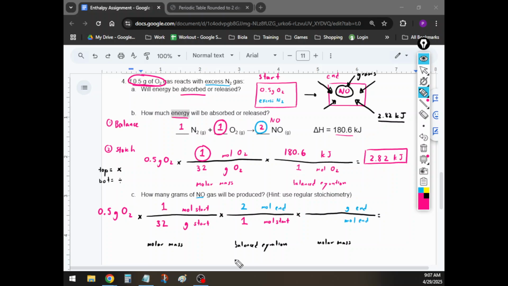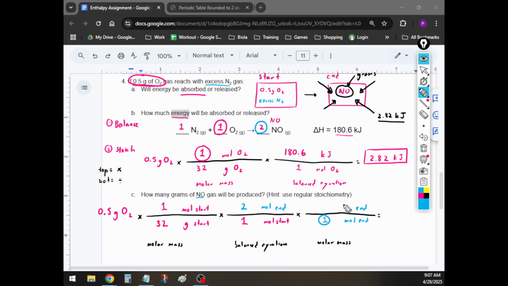The third fraction is the only one we need to do a little bit of extra work for. And this is the molar mass of our ending chemical, which is NO. So if you guys remember, molar mass is the weight of 1 mole. So this position right here is always going to be 1 for this regular stoichiometry. So if you want to make a note of that, molar mass by definition is the weight of 1 mole.